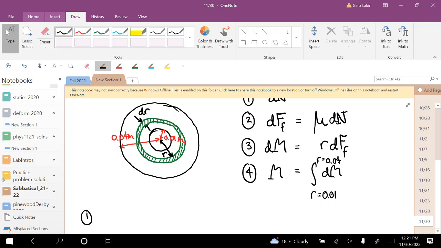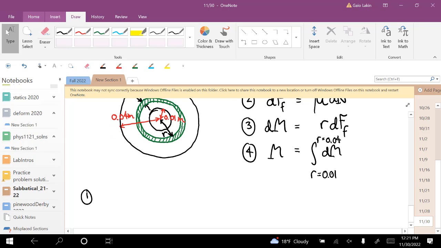So the first thing is to figure out the normal force that acts on that infinitesimal ring. You can think of it this way: dN over N, the total normal force, is the same ratio as dA over the total area.